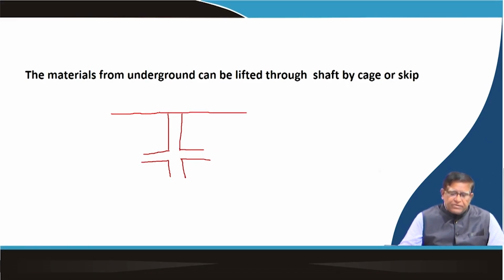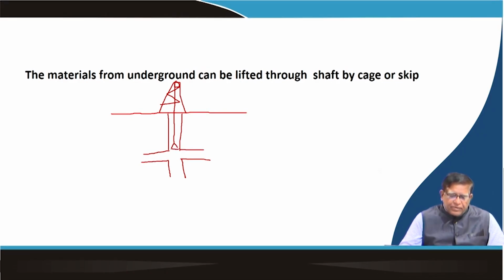At the top of it, we have a structure called the headgear structure. In this headgear structure, we have a sheave. From there, we lower a winding rope, and then we suspend a cage or skip.